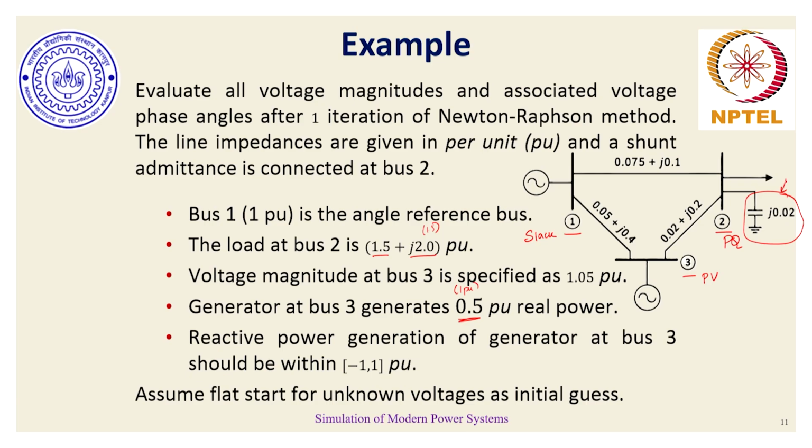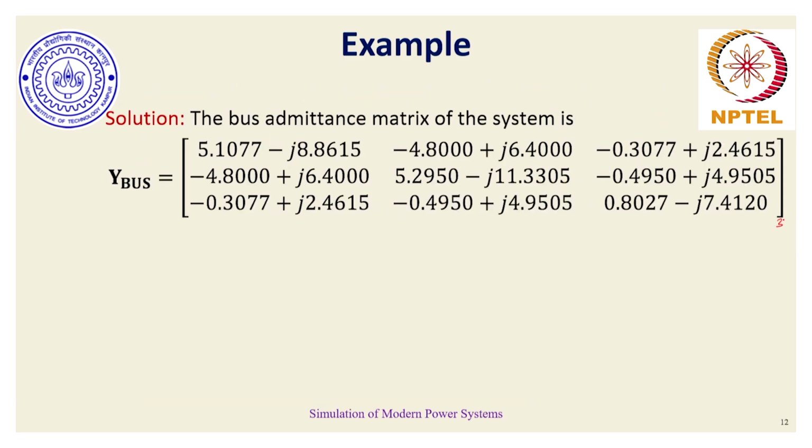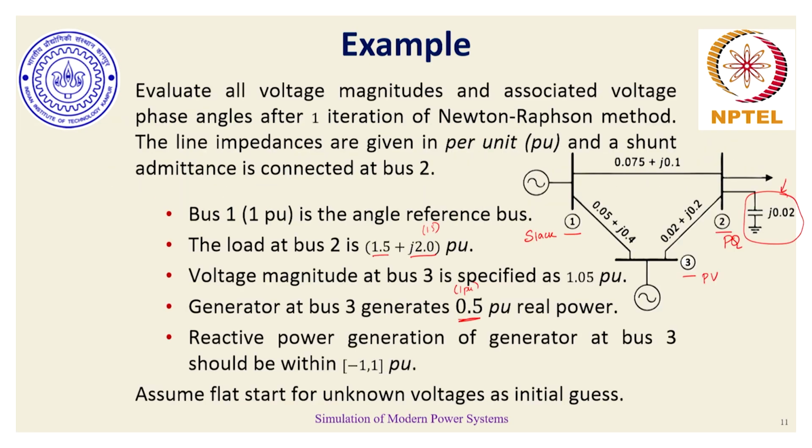For this given 3-bus network, if I apply my Y-bus discussion, I will get a 3 cross 3 Y-bus. In the absence of line resistances and this shunt capacitance, the previous Y-bus that we got in the Newton-Raphson polar version was a singular matrix.